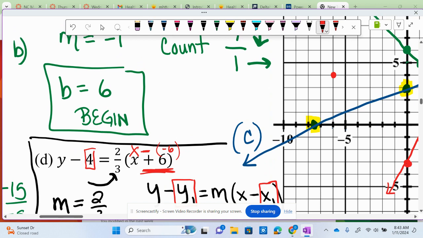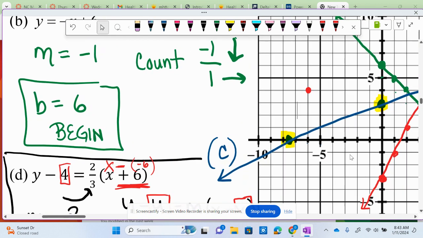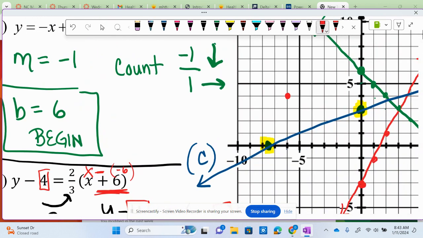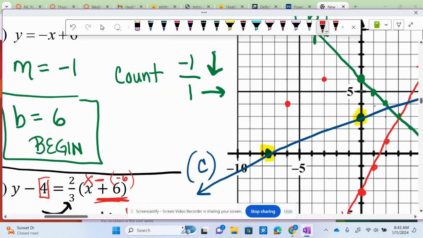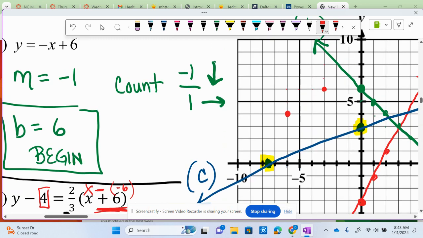Then my slope is 2/3. So from here, I'm going to go up 1, 2, over to the right 1, 2, 3. I'm going to do it one more time. Up 1, 2, to the right 1, 2, 3. And I'm going to label this line, line D.